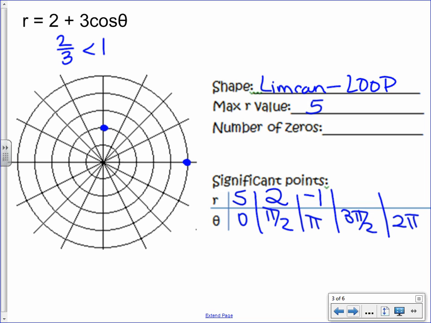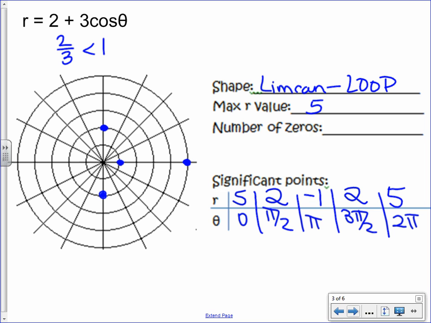Where do I plot -1 pi? One going backwards from pi, right there. Very good. 3 pi over 2. The cosine of 3 pi over 2 is 0, so we have 2 plus 0. And then 2 pi should always take us back to where we started.